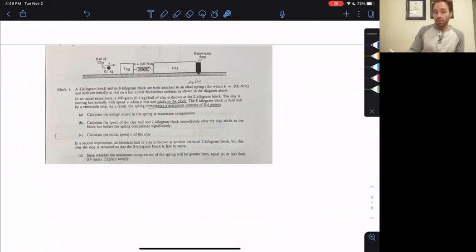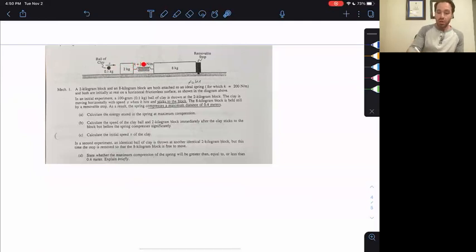Well, think about this. In the initial circumstance, this block compresses the spring, okay? And that energy has nowhere to go. It just gets trapped in the spring, and then it'll eventually launch outward and start this thing bouncing back and forth. But now we've changed the situation.